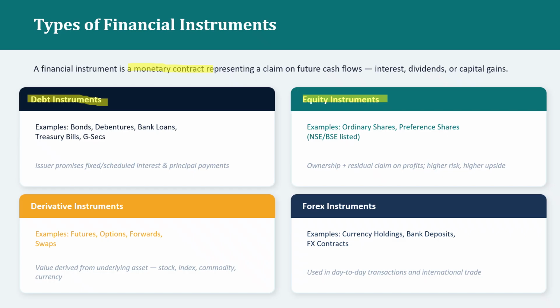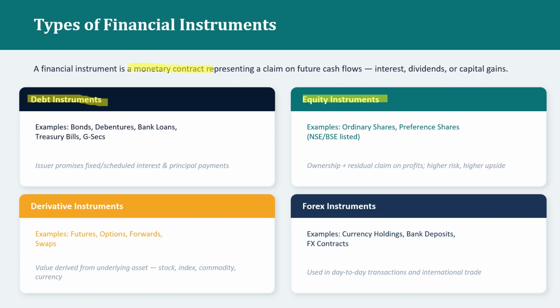So equity is riskier than debt because dividends are not guaranteed and the share price can fluctuate widely. But it also offers higher potential upside if the company performs well and grows over time.